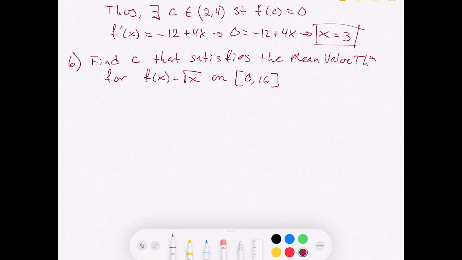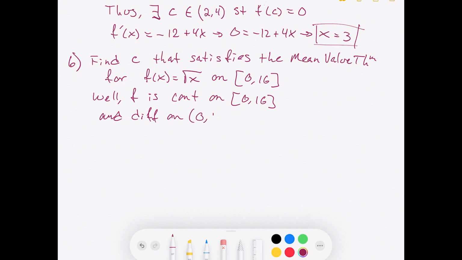So I'll jot down, f is continuous on the closed interval and differentiable on the open interval, 0 to 16. I know that it's differentiable because it's smooth and continuous. There are no asymptotes, no holes, nothing like an absolute value where there's a sharp corner. So it is going to be differentiable.